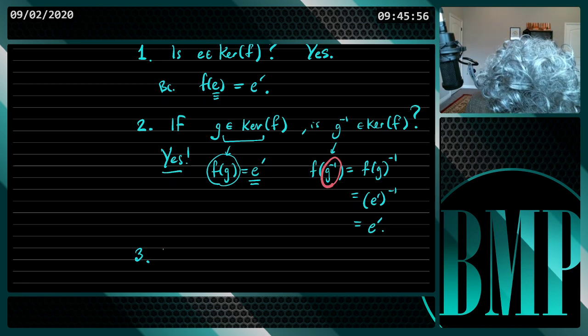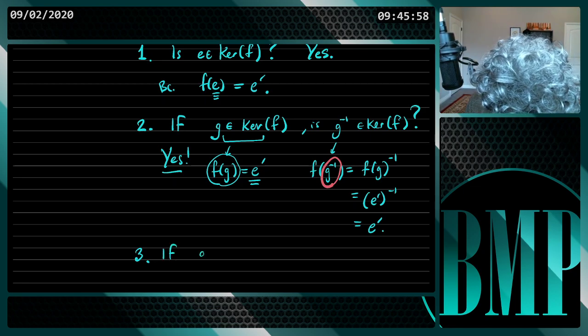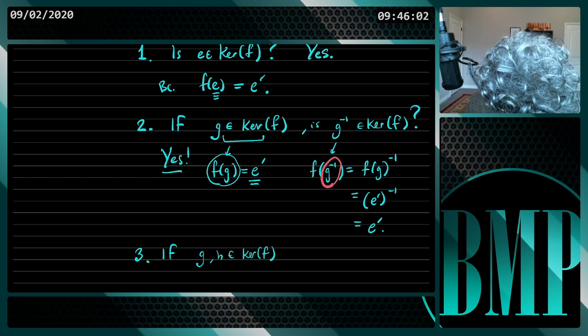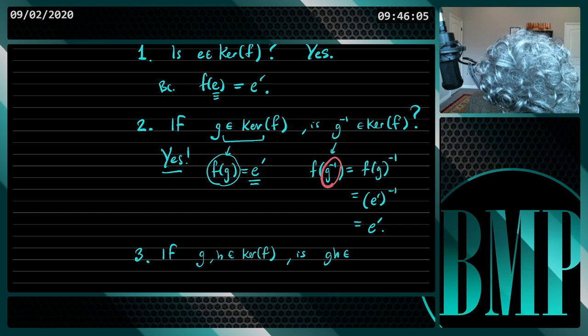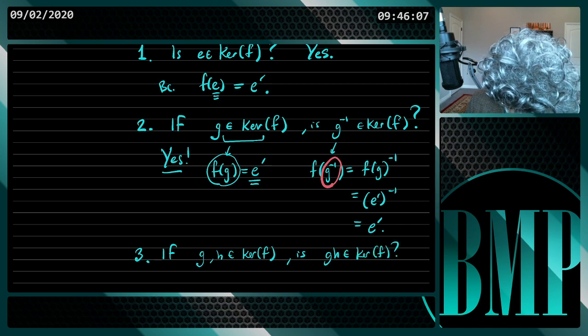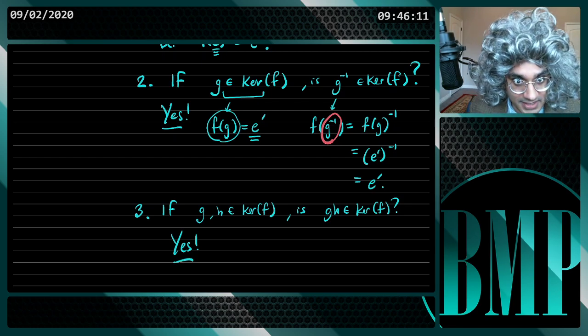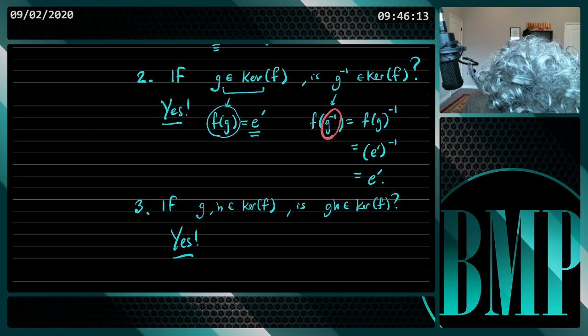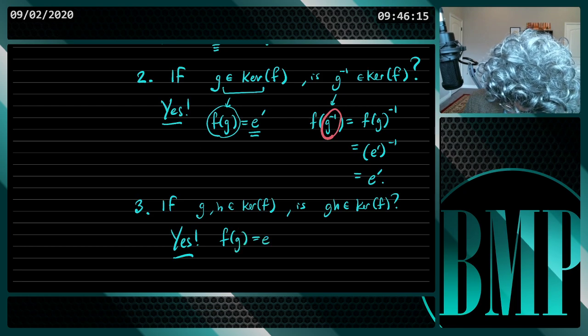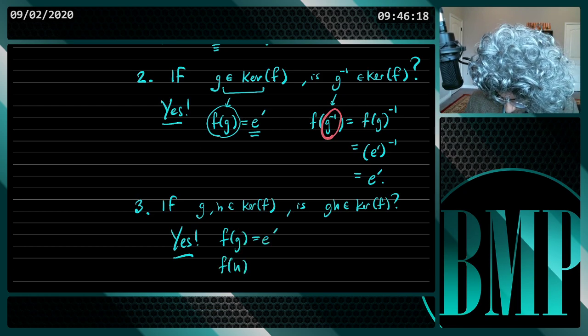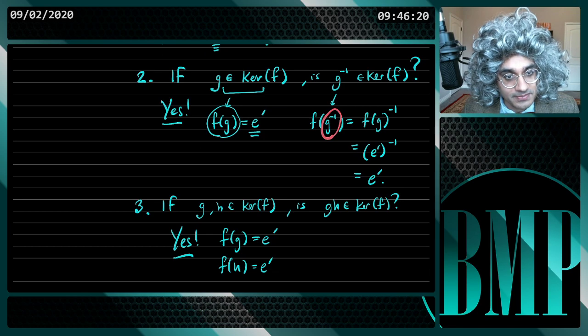Okay. So 3. If two elements are in the kernel, is their product in the kernel? Yes, it is. So here's why. We know that f of g is e prime and f of h is e prime. That's by hypothesis.